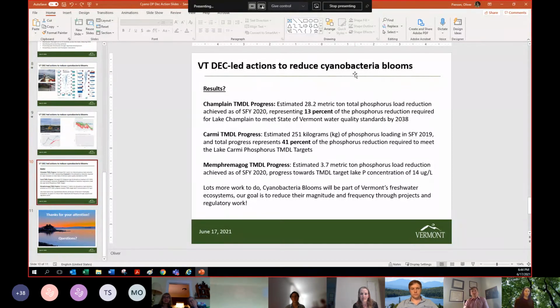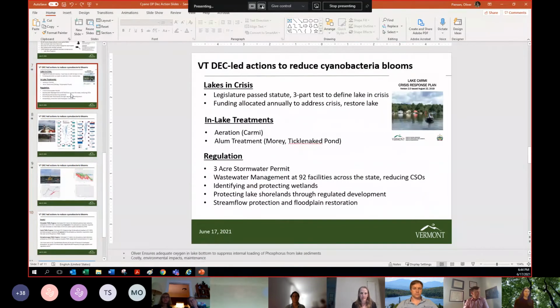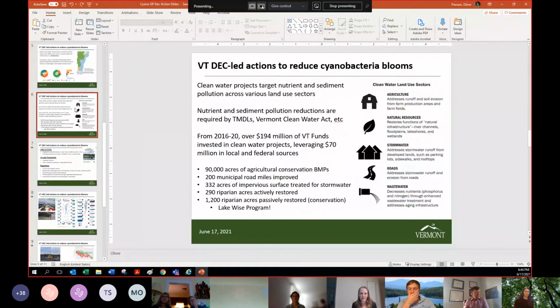To the second part of your question, I think the statistic was either 90,000 or 900,000 acres of farmland that had been on the receiving end of best management practices. It was 90,000, to reduce phosphorus nutrient pollution coming from these non-point sources, agricultural inputs across the state.